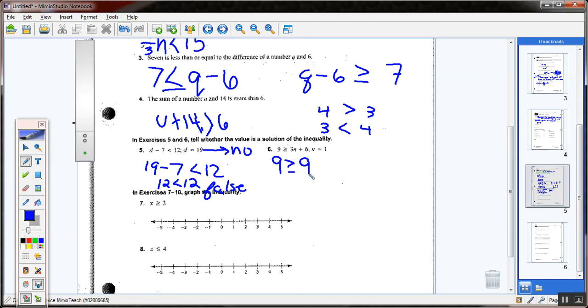What part makes this true, actually? The equal sign. You bet this is true. Therefore, is 1 a solution? You would say yes. Okay. I know I'm going quickly, but are you with me right now? Yeah.